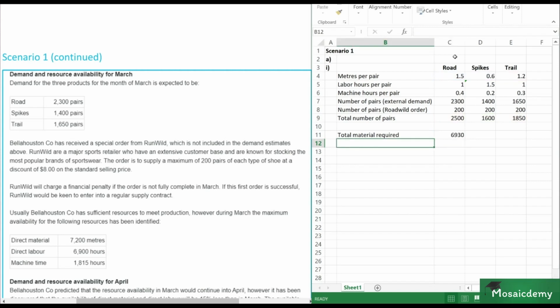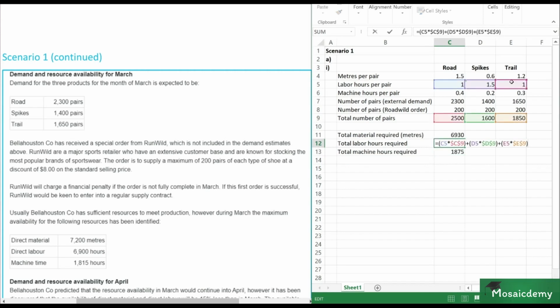So 6,930 is the total meters required, total material required. This is in terms of meters. Then total labor hours required and total machine hours required. And we can just copy this formula down below.